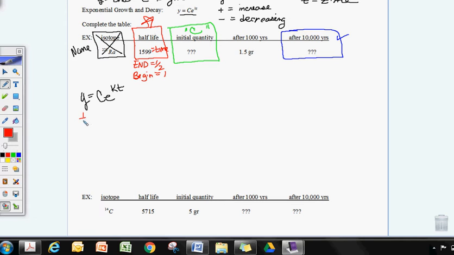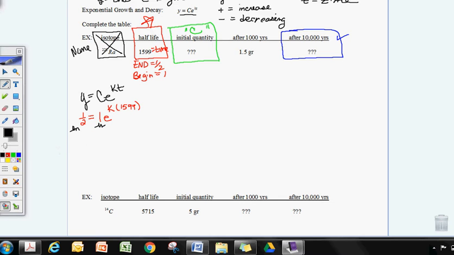I know I end with a half of whatever I was starting with, isotope Ra-226. The e, the k I don't know, and the t is going to be 1599. So the only variable that's left is the k. I've got to figure out how to get a k out of this, and I'm hoping you remember your pre-calc and some of the things we've been talking about.